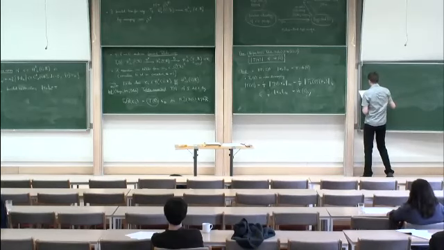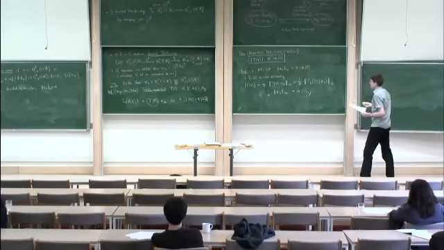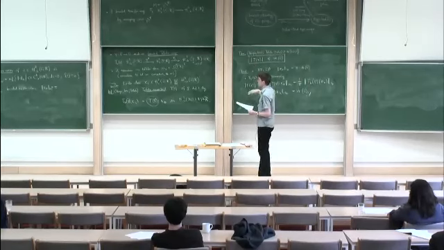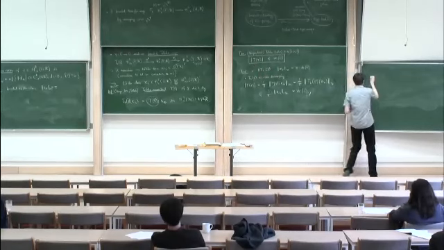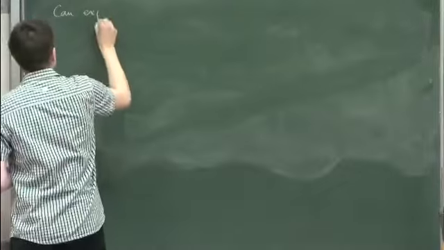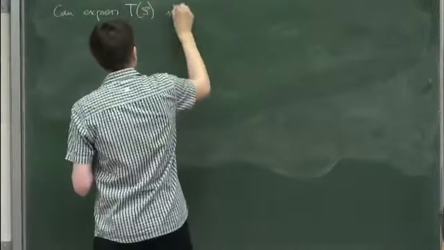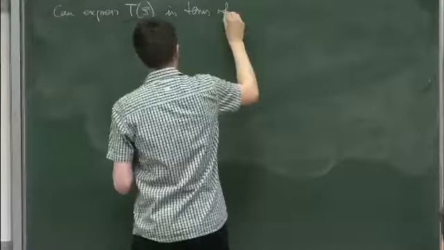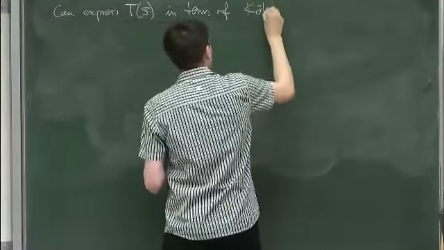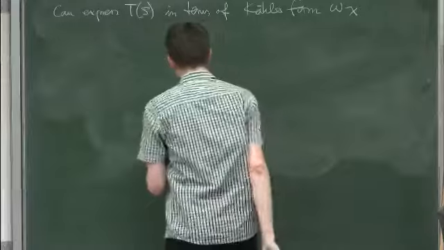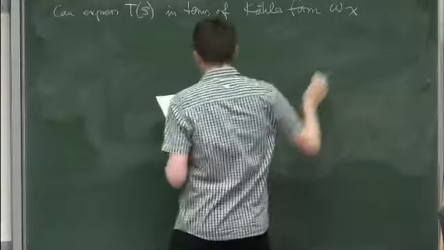So the first step is what we have to do now is to express this Toledo invariant in terms of differential geometric data. So we can express the Toledo invariant in terms of the Kähler form omega in the following way.